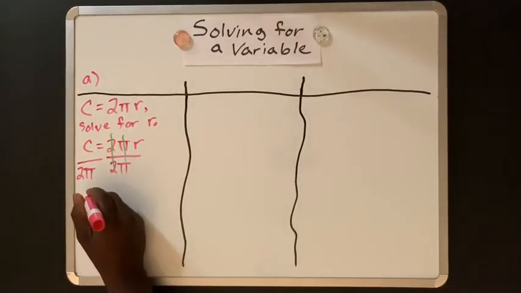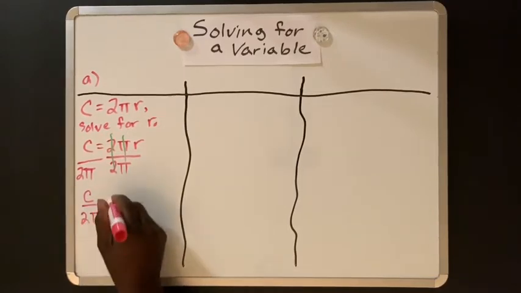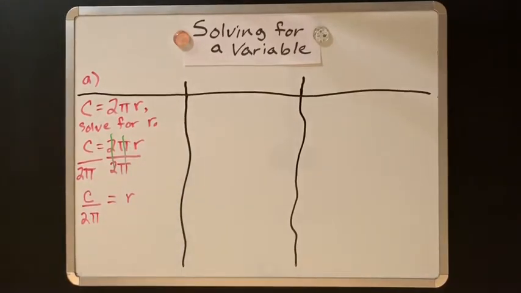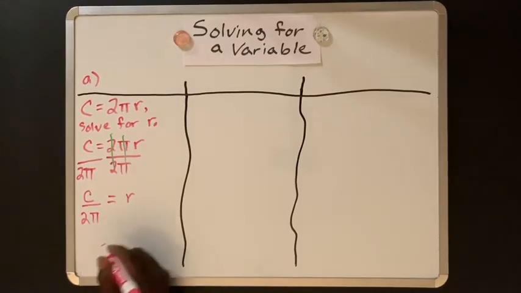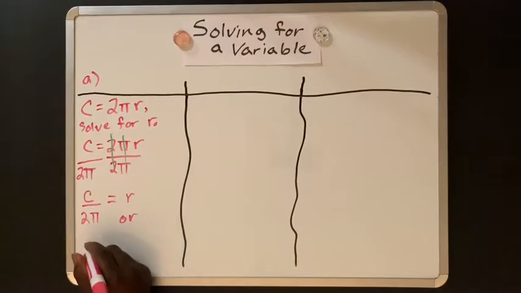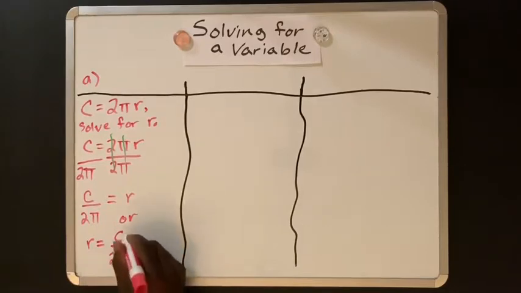We have C over 2 times pi is equal to what? R. We have successfully isolated the variable R. Now, a lot of times you'll see that variable on the left side. I'll just rewrite it. We can write it as R equals C over 2 times pi.